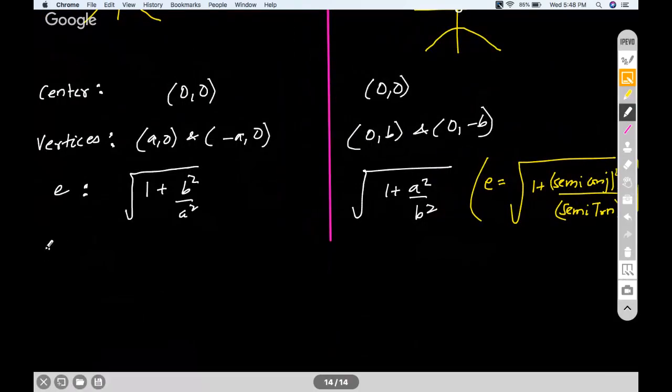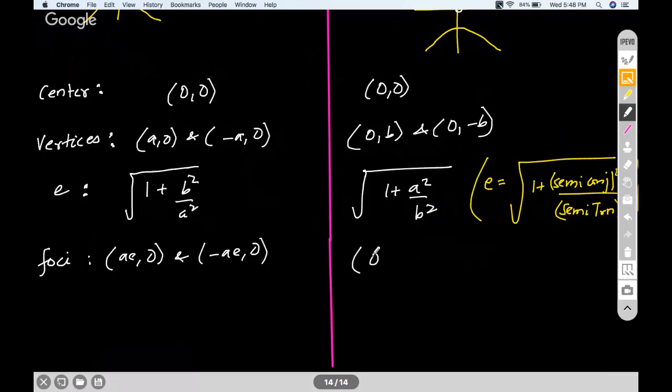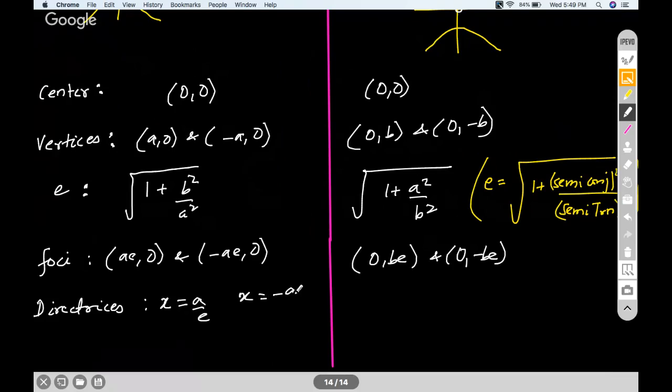So foci. Foci are at ae comma 0 and minus ae comma 0. In this case, it is 0 comma be and 0 comma minus be. The equation of the directrix is x equal to a by e and x equal to minus a by e.